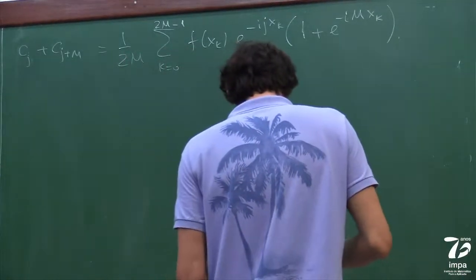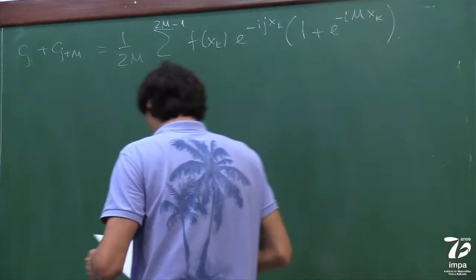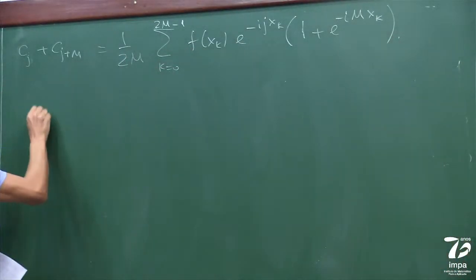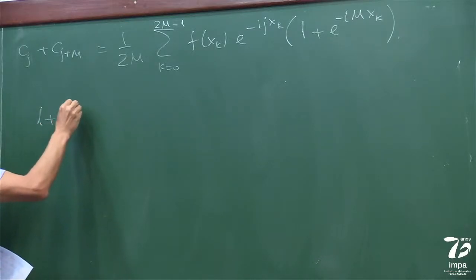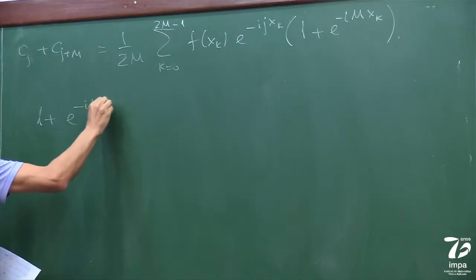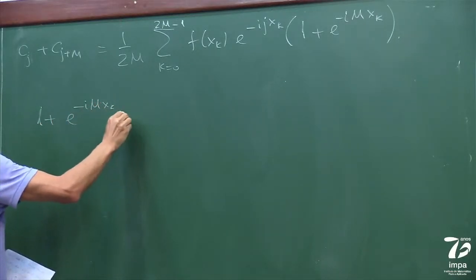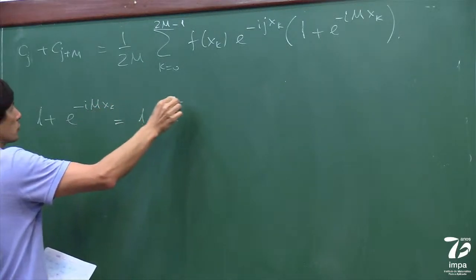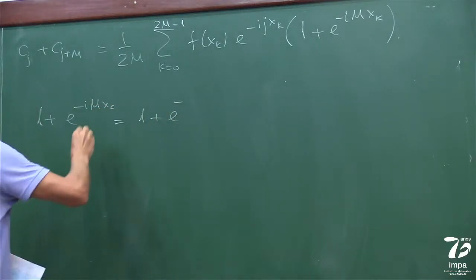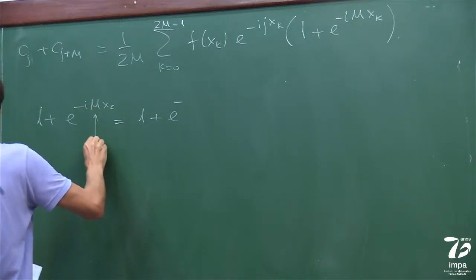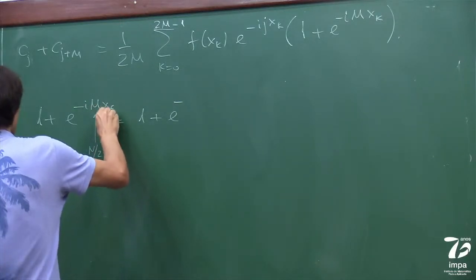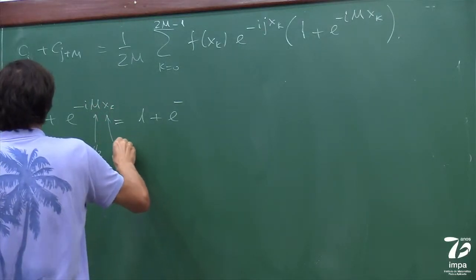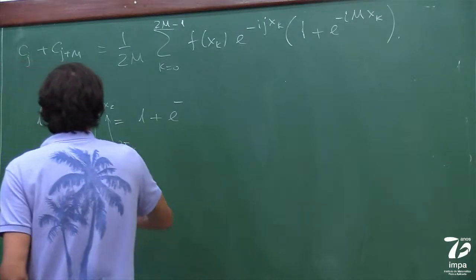And the secret is that this term is very simple. So now remember what is xk, so it will be 1 plus exponent. So m is n over 2. So now remember that this is n divided by 2, and this is 2 pi over n k.